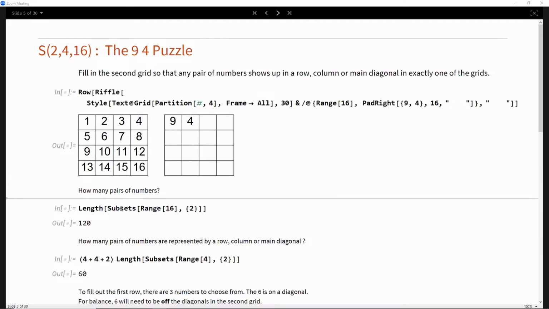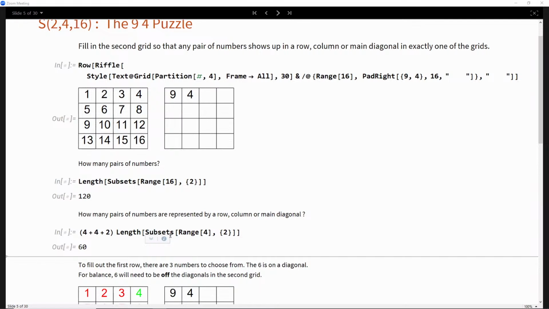How many pairs of numbers are there? Now our alphabet size is 16. So we can calculate there are 120 different pairs we need to cover. And if we look at just one of the squares, 60 of the pairs are covered in this first square.